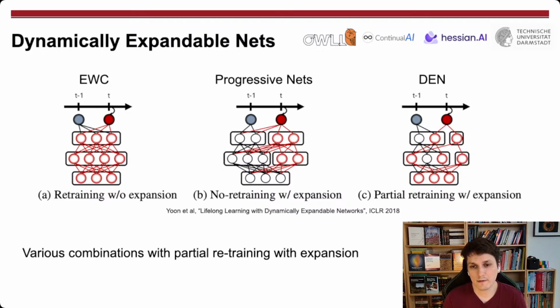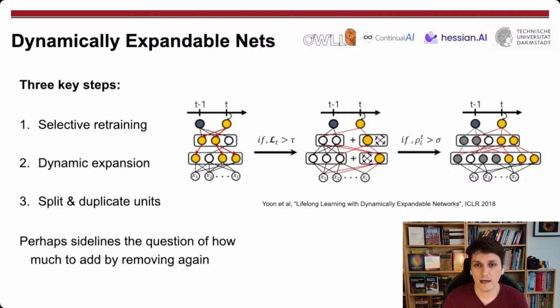One of the ones that has recently been proposed is called DEN, or just short for dynamically expandable neural networks. And it's an approach that, in fact, has 3 steps that are really a combination of a lot of the concepts we've so far seen in the course. The first one would be you start with maybe not an overparameterized network, but something which, as a rule of thumb, you think fits the capacity of the problem.